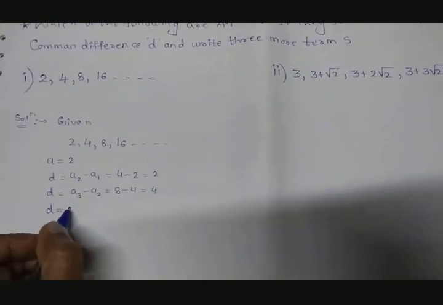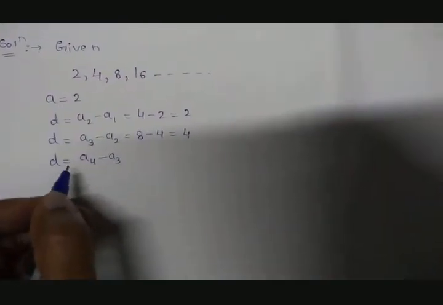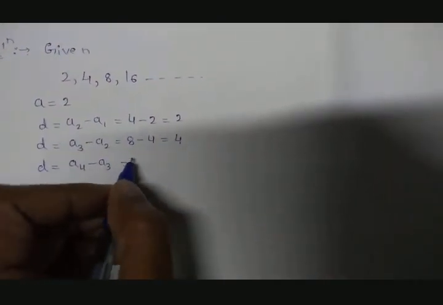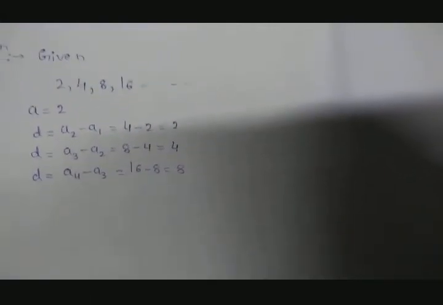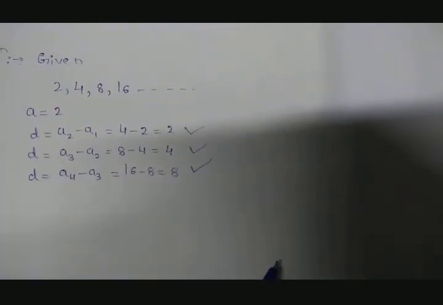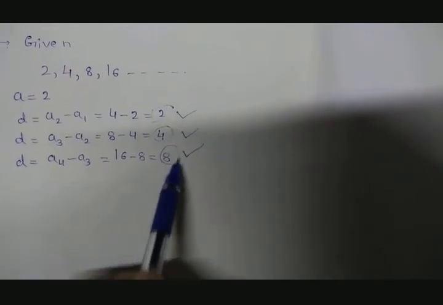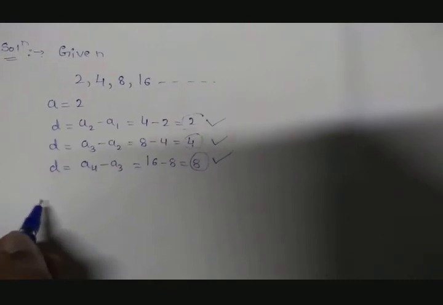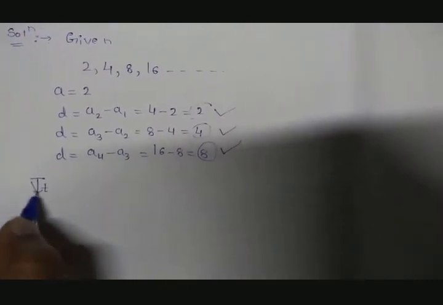And for the fourth term, a4 minus a3 is 16 minus 8, which is 8. If you observe, we have got 3 different differences. We have nothing in common, and hence we conclude that it is not an arithmetic progression.